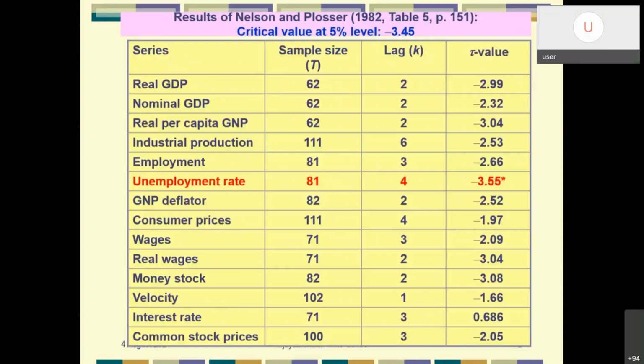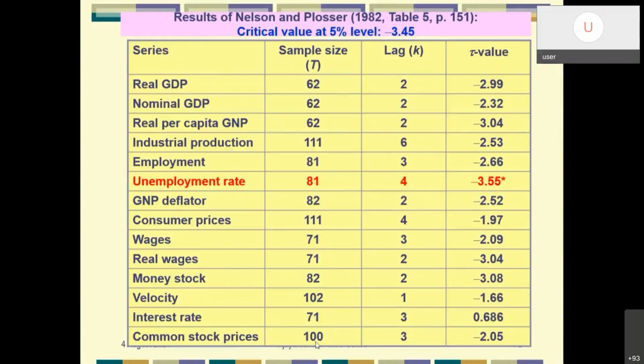That is real GDP, nominal GDP, real per capita GNP, industrial production, employment, unemployment rate. Unemployment rate was the only one where we reject the uniroot null hypothesis. All others do not reject the uniroot null hypothesis.